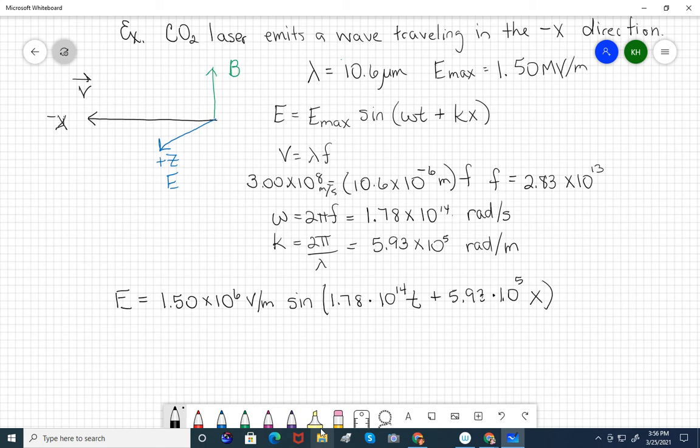We've got it. If I want to know the magnetic field, I have to take E max and divide it by c. So B max is E max divided by c. So 1.50 times 10 to the 6th divided by 3 times 10 to the 8th.